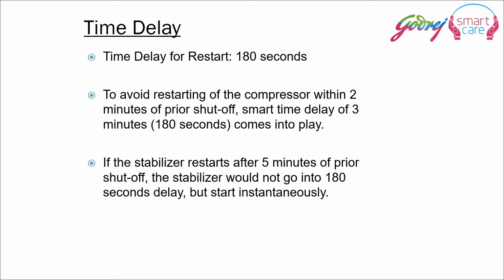Whenever there is a voltage fluctuation that changes very rapidly, within 2 minutes it comes back to normal, then goes to a voltage beyond the range again, this inbuilt delay of 3 minutes avoids abrupt compressor stops and starts, and helps the compressor from frequently switching on and off.